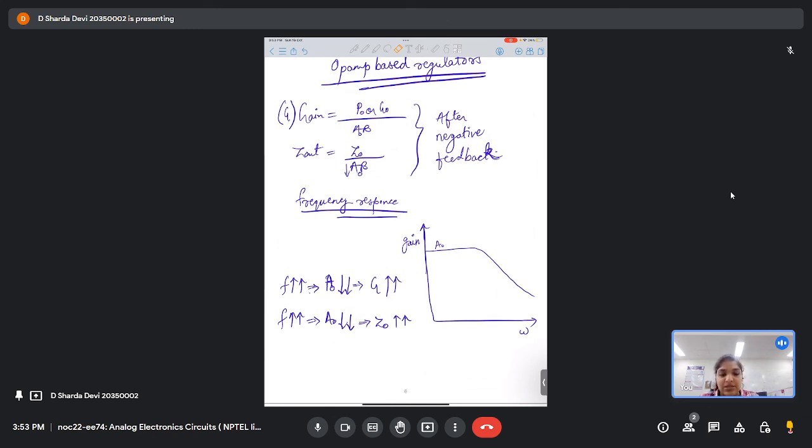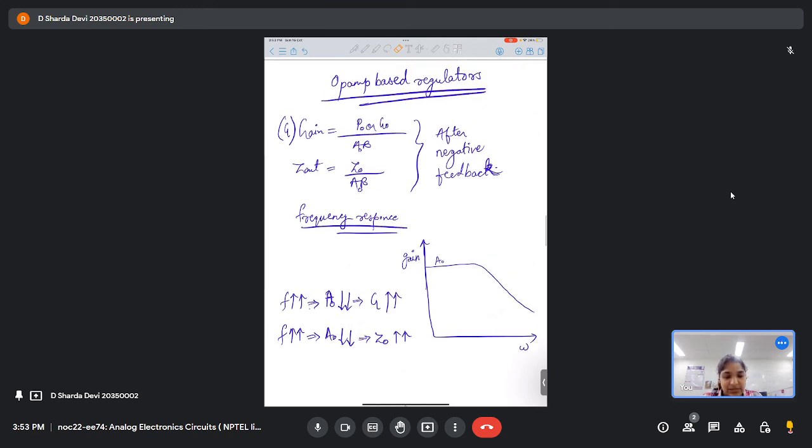Earlier the Z0 was constant without feedback, now the Z0 will show the opposite trend to that of the gain's frequency response because of this particular expression. That is one more thing that I would like to add.